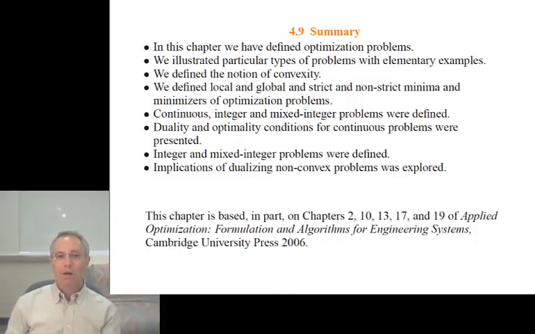Duality and optimality conditions for continuous problems were presented, and we defined integer and mixed integer problems. The implications of dualizing non-convex problems were explored. We'd earlier explored the implications of dualizing convex problems. There are also a number of exercises at the end of the slides in this chapter, that you can look at to make sure that you understand the material.